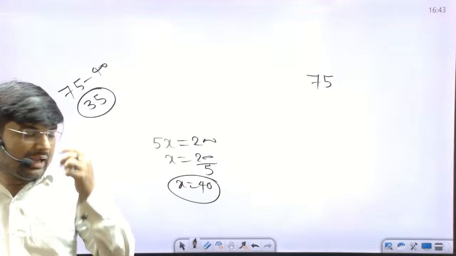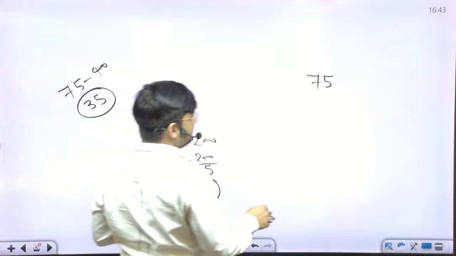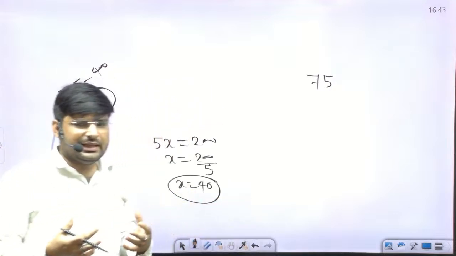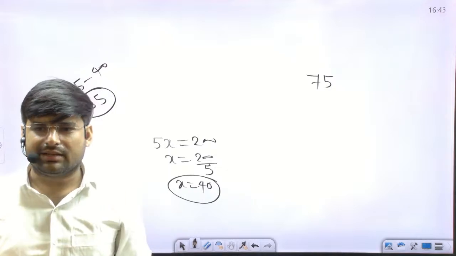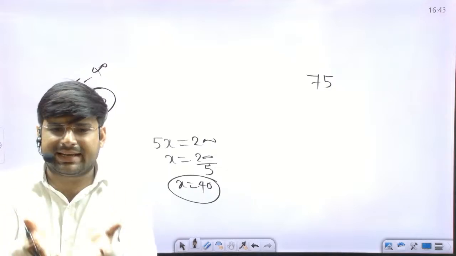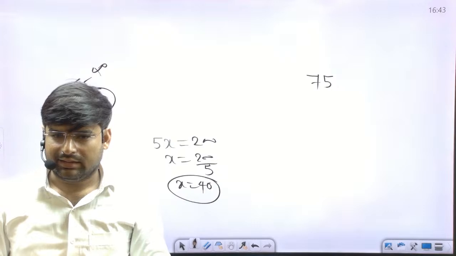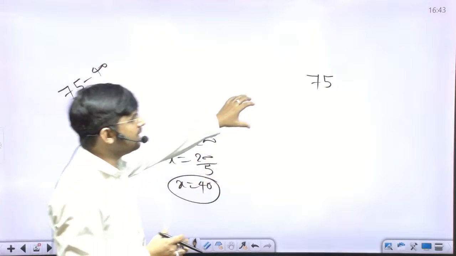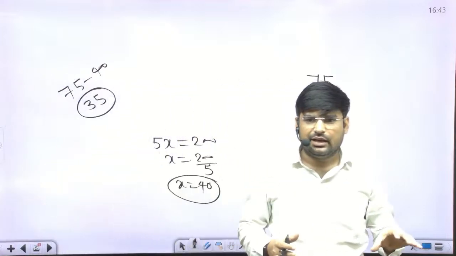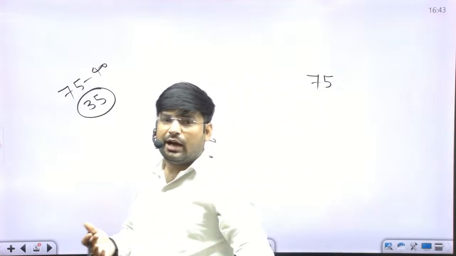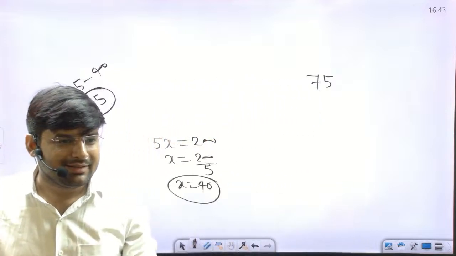Clear? Let's assume if he did all the questions right, then how many numbers would he get?